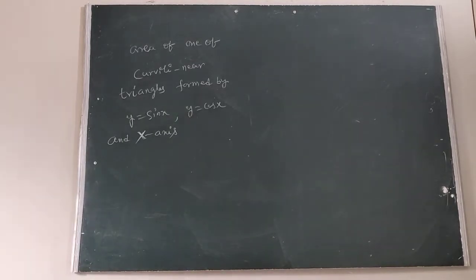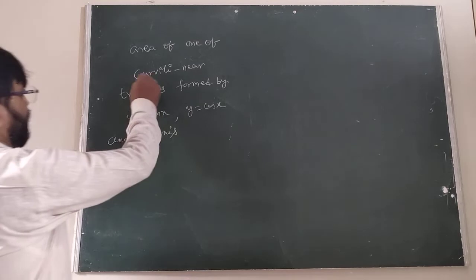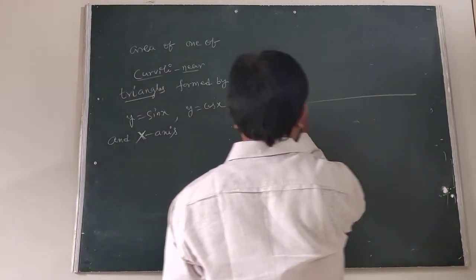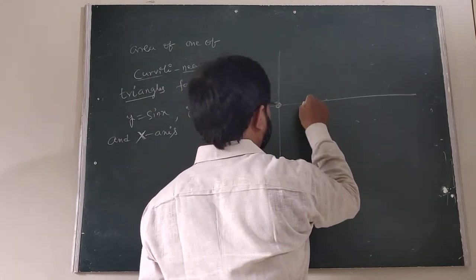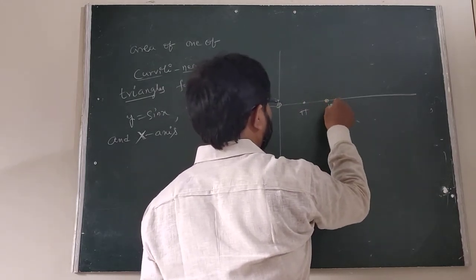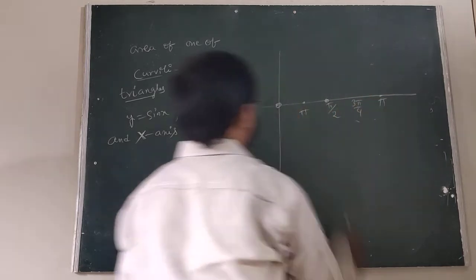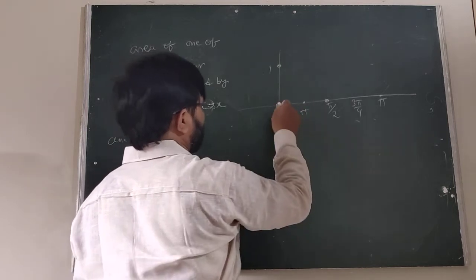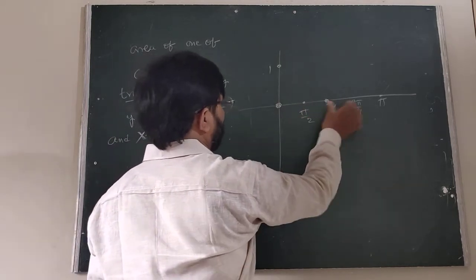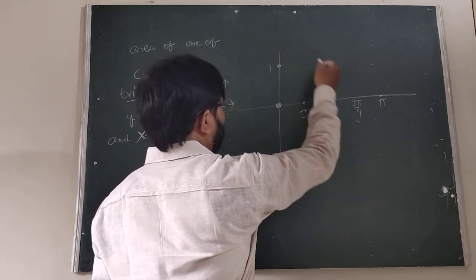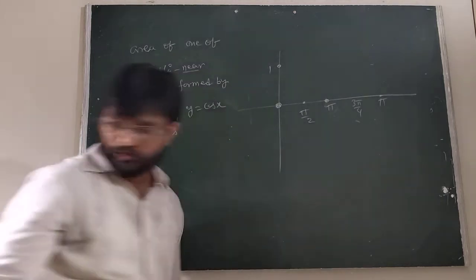Dear students, here we find the area of one of the curvilinear triangles formed by y equals sin x, y equals cos x and the x-axis. All of you listen, students. Sin 0 is 0, sin 90 has value 1.